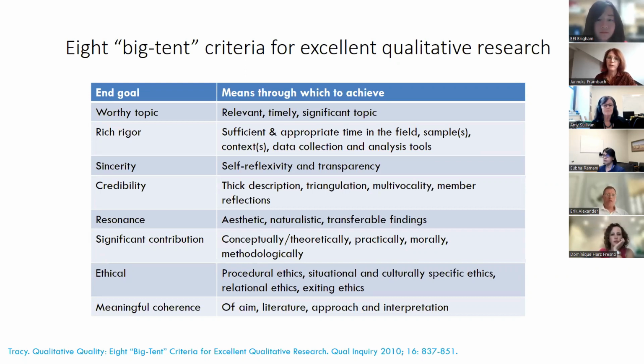Triangulation originally comes from the field of navigation, where you try to, I lost the English word. You try to navigate a point on a map by triangulating different points. And in research, we translate that by, for example, including multiple perspectives, multiple researchers in one research team.